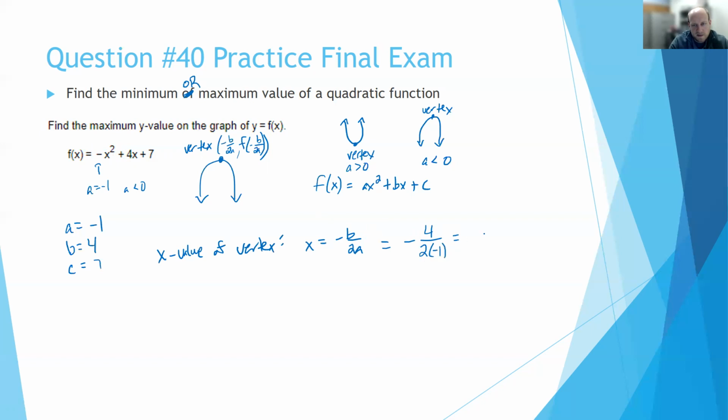A is -1. So it's -4 over -2, which is 4 over 2, right? A negative divided by a negative, which is 2. So the x value of this vertex here is going to be 2 comma something. Okay, let's find the y value.